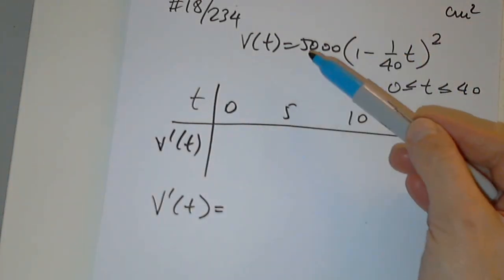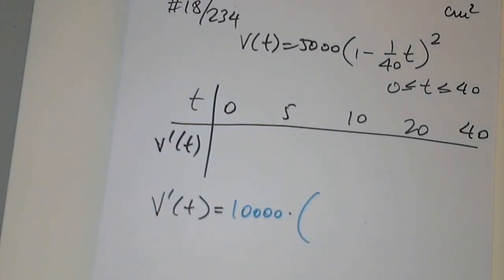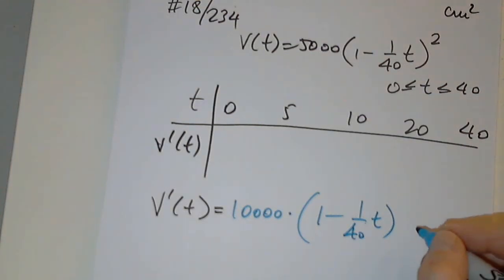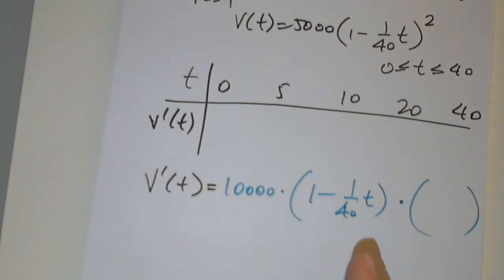We bring down the power, 10,000, times 1 minus 1 over 40 t to the power 2 minus 1, multiplied by the inner function prime.